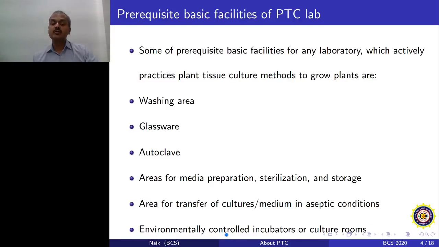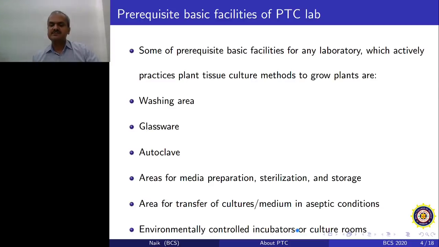The last one is environmentally controlled incubators or culture rooms. As I told you, environmentally controlled incubators are very expensive, and most of them are utilized for cultivation of Arabidopsis or smaller plant size plants, and are generally used by Western countries like the US or Europe.